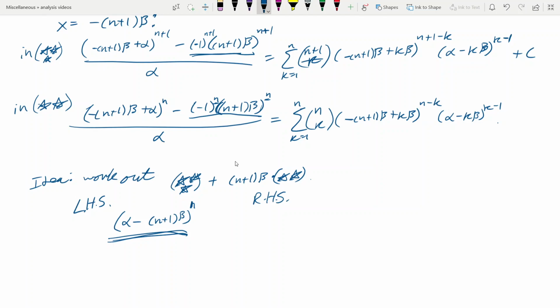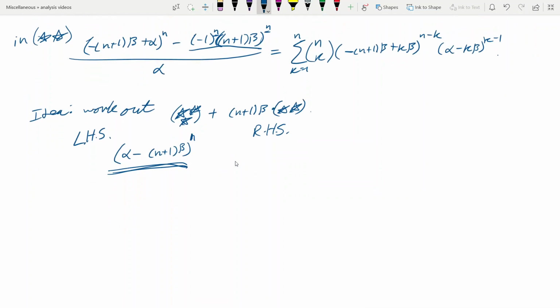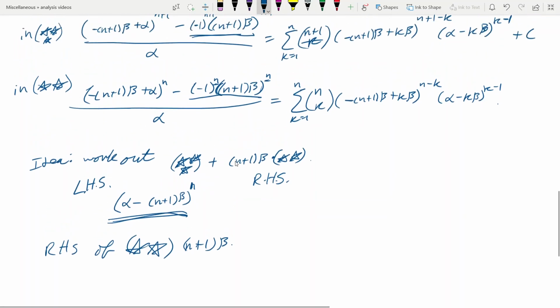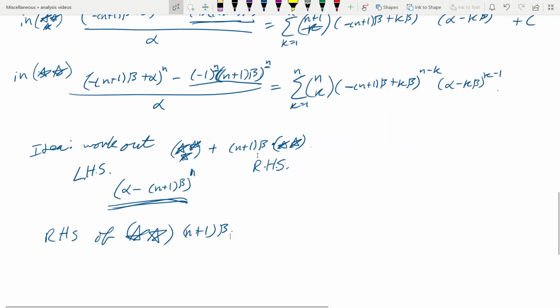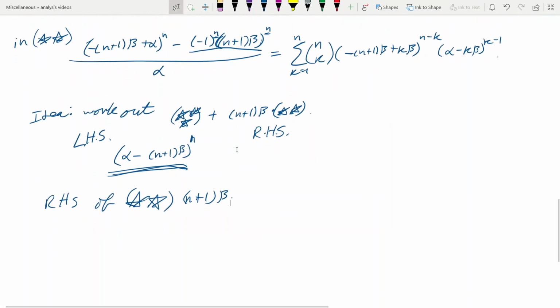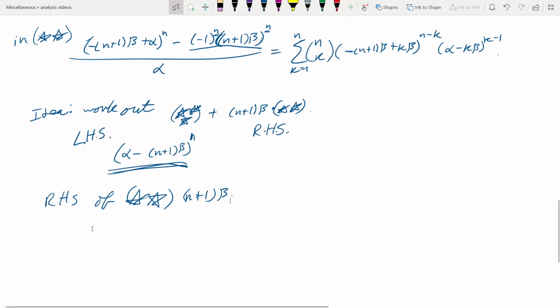Okay. So let's not write down both of the sums. Let's just work out the right-hand side of double star times n plus 1 beta. Okay, so we can see double star at the top there.